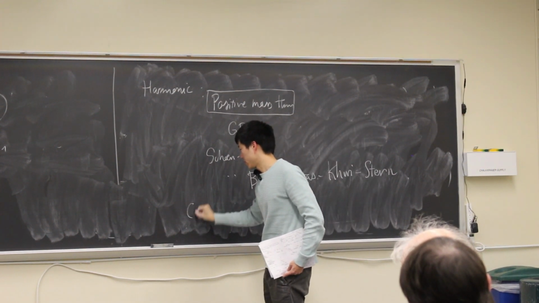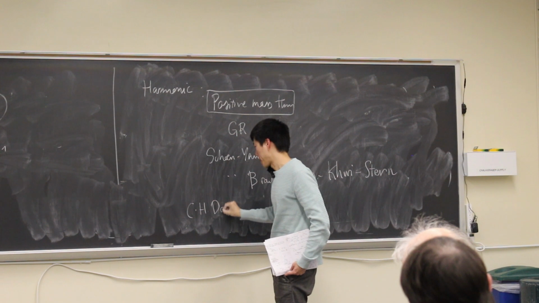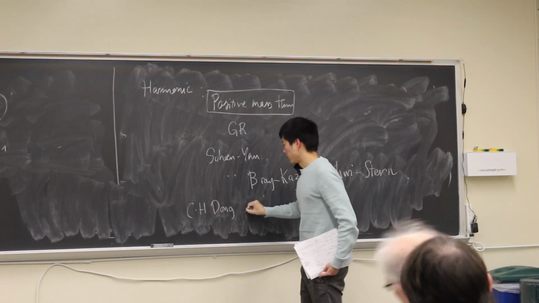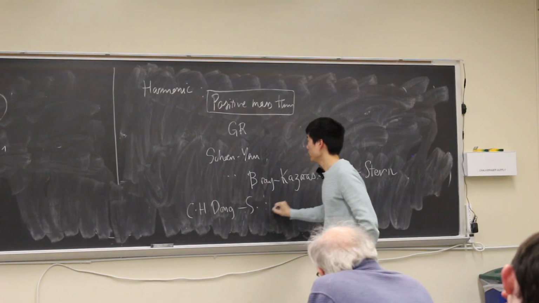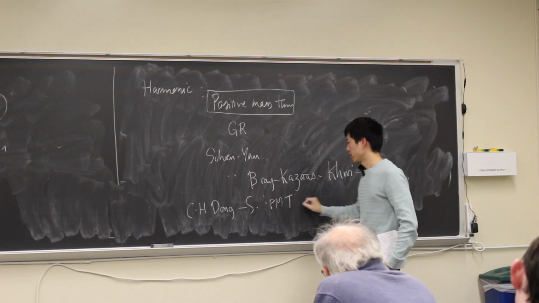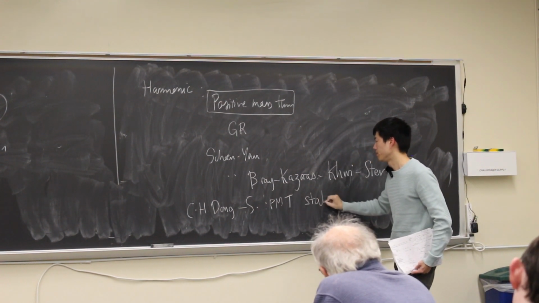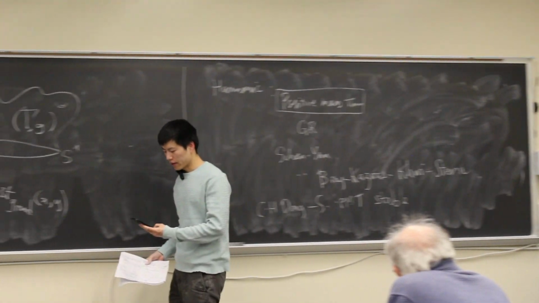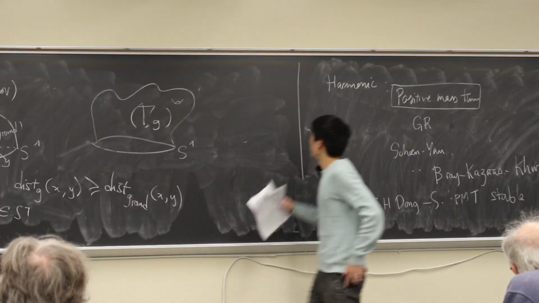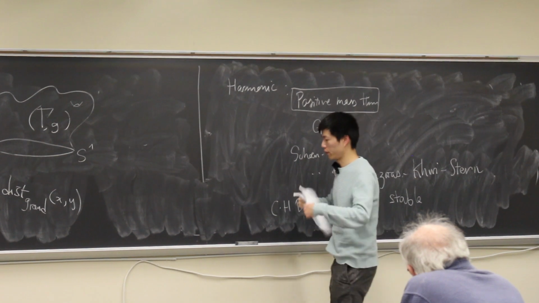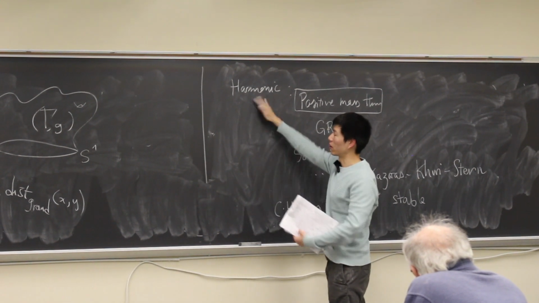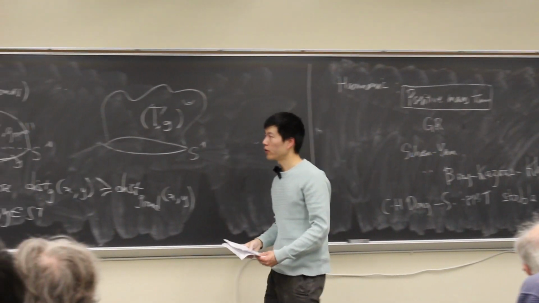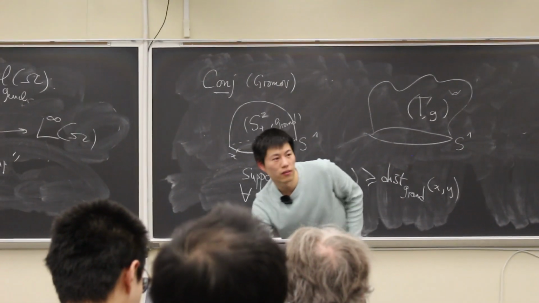So let me just write this in words: the positive mass theorem is, in some sense, stable. And again, stability is going to be proved using this notion of first mapping into a nice space using harmonic maps. I'm going to stop here. So thank you.